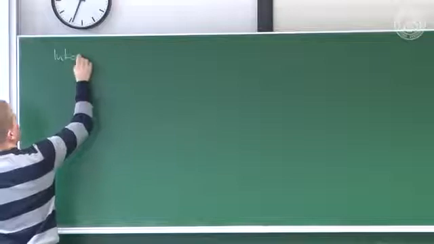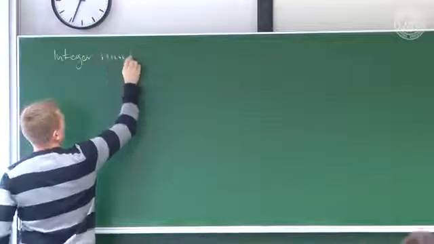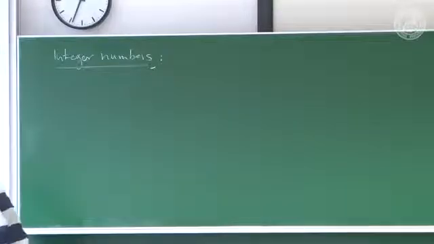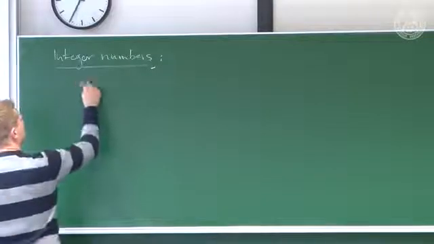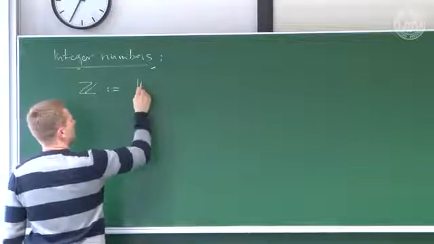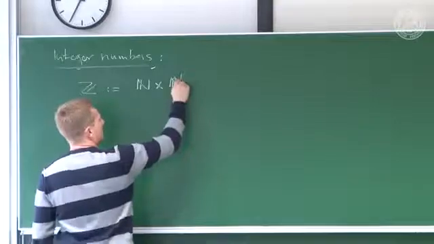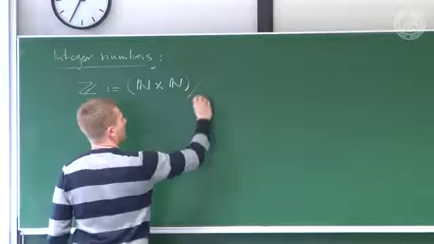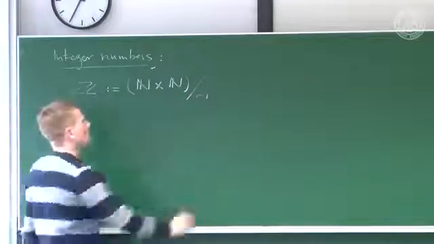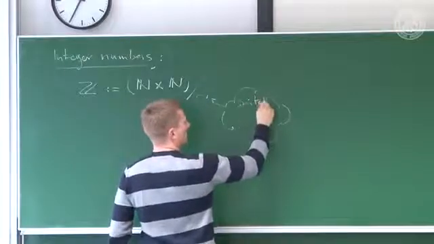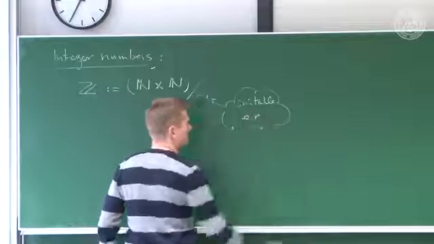Integer numbers. I claim that you can define the integers, the set Z, actually as the quotient set of the pairs of natural numbers modulo a suitable equivalence relation twiddle.